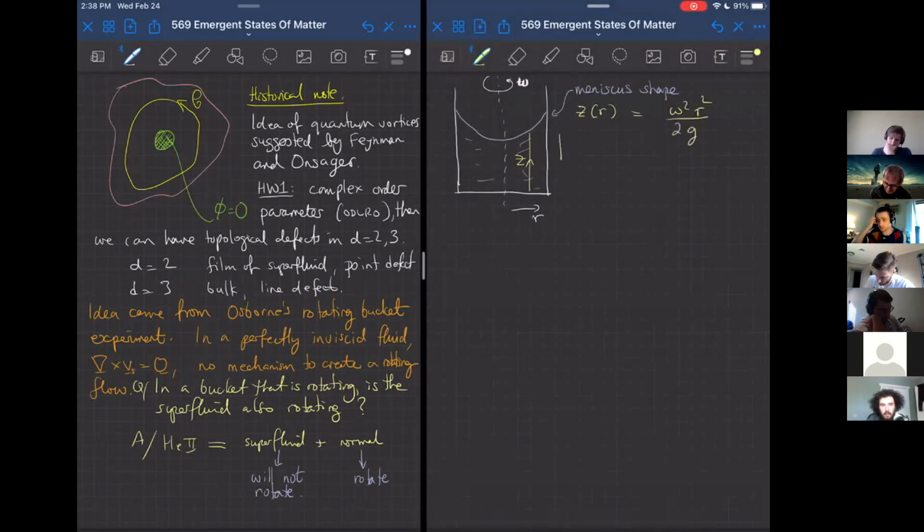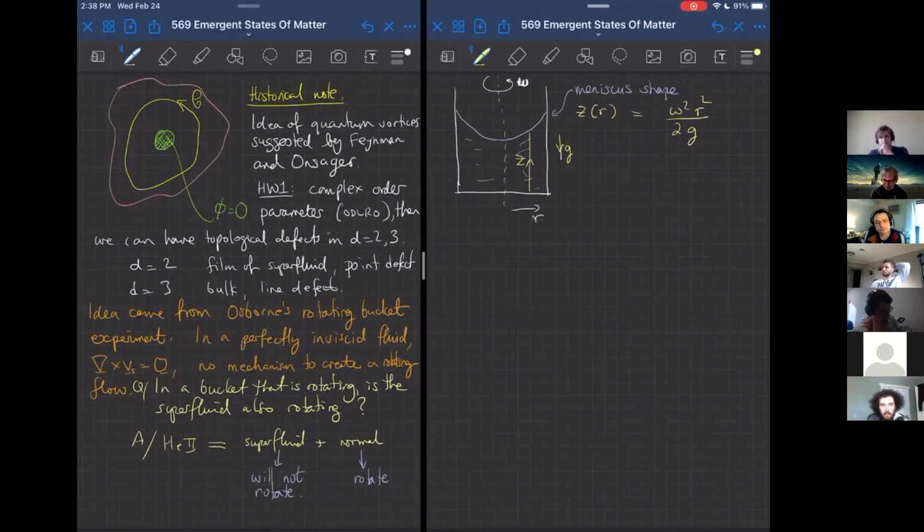And you've got gravity going down like that. So that's basically just really working out how to balance the rotational energy against the potential energy. And so what you get is the meniscus shape for a rotating fluid has this form like so.